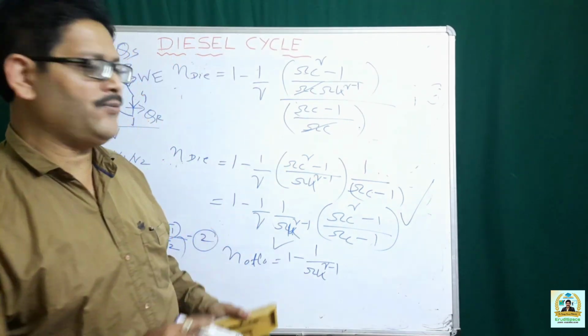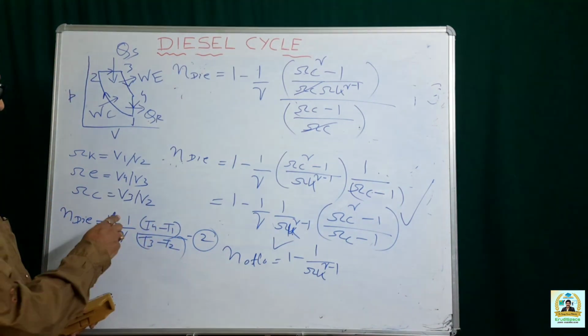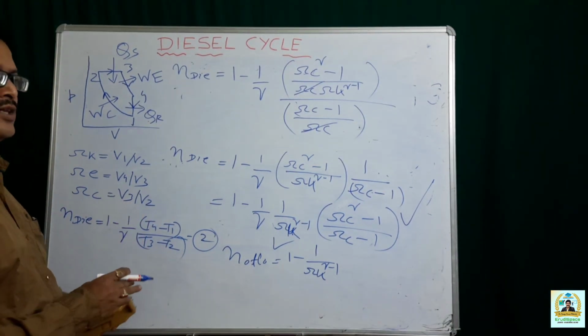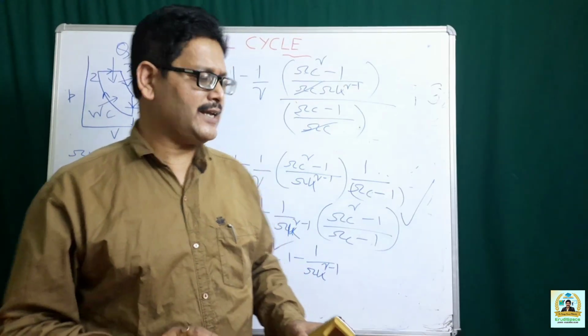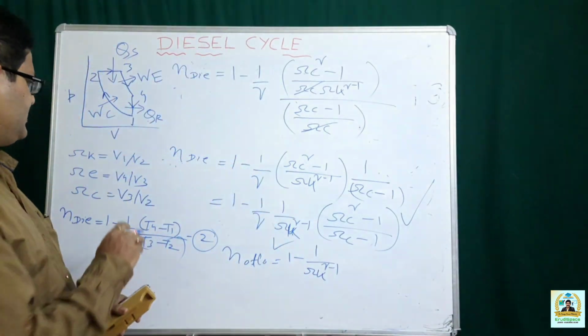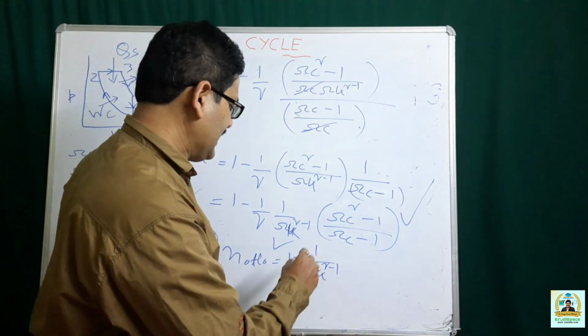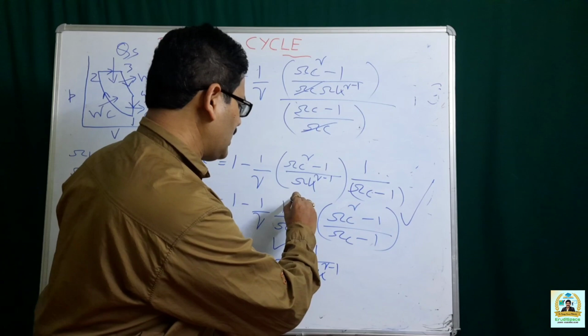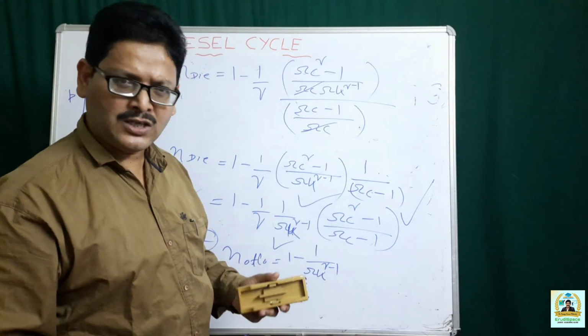So I sincerely believe that you are having a very clear concept as regards to the mechanical cycle, the thermodynamic cycle, as well as the efficiency in terms of temperature ratios and in terms of the compression as well as the cutoff ratios.